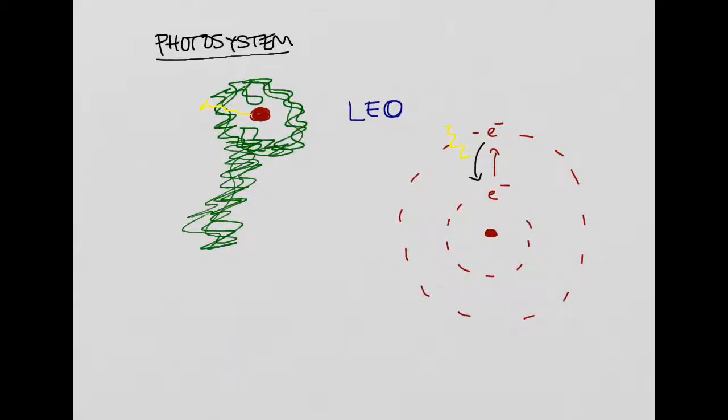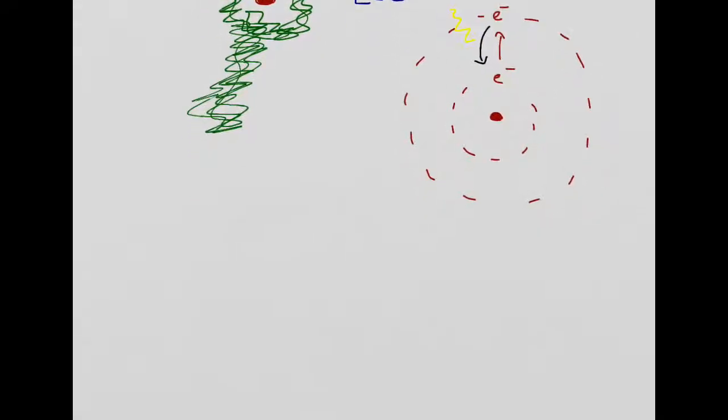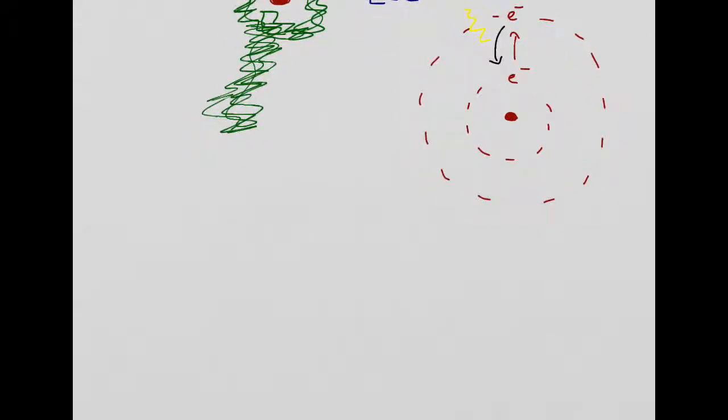And so a photosystem is composed of not just one pigment, but a whole bunch of pigments. And we can draw that structure something like this. So all these pigments are stacked up, one on top of another, or one next to another.